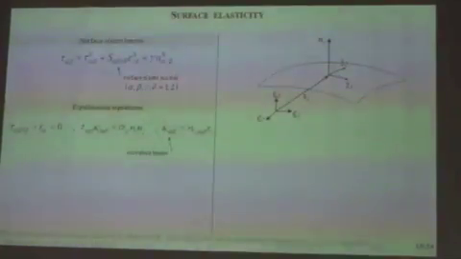So the equilibrium equations will be derived as follows, and the curvature tensor will be presented in this way, so that we follow the normal vector on the surface and its derivative in both directions, and if they do not change, we have a flat surface, we have no curvature.